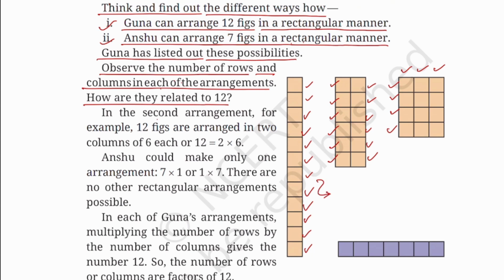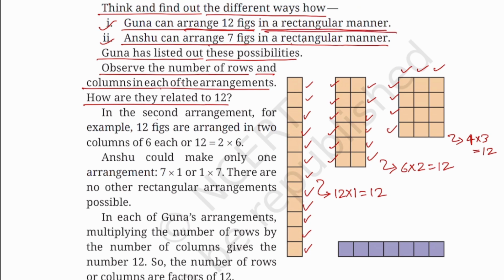In the first arrangement, there is 12 into 1, that is 12 spaces. In the second arrangement, there is 6 into 2, that is 12 spaces. In the third arrangement, there is 4 into 3, 12 spaces. So, Guna can arrange 12 figs in these rectangular manners.